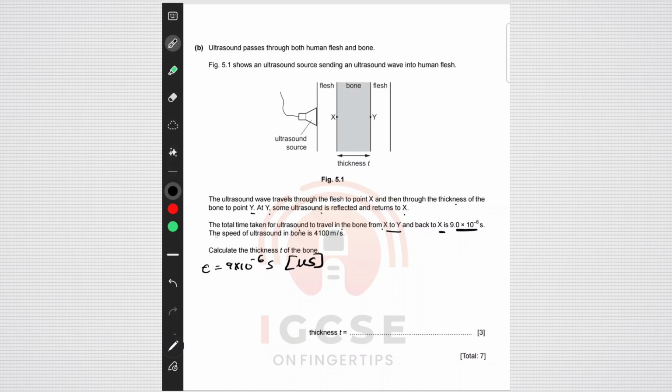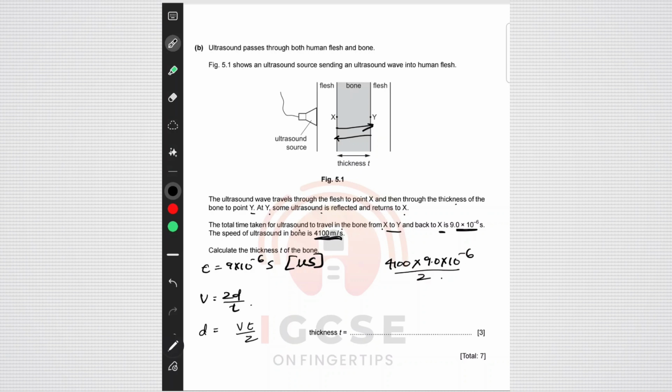Calculate thickness T of the bone if the speed of ultrasound in bone is 4100 meters per second. Because there is reflection of sound, I will use v = 2d/t. We want to find the thickness, so d = vt/2. So v is 4100, t is 9.0 × 10^-6 upon 2.